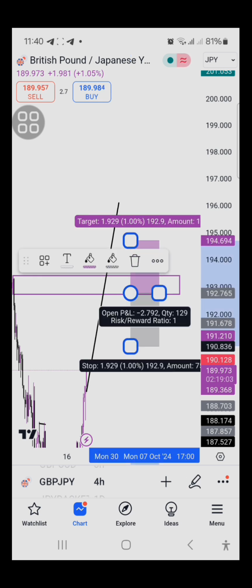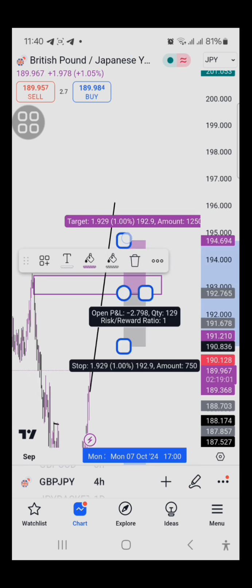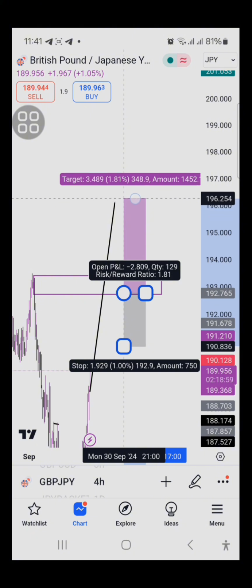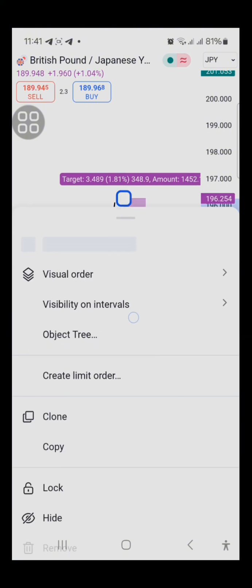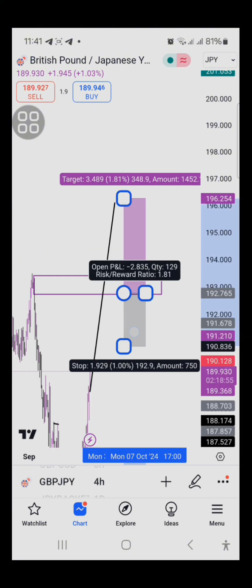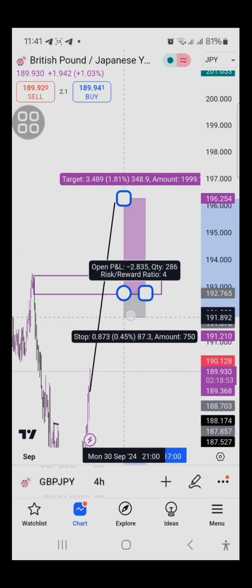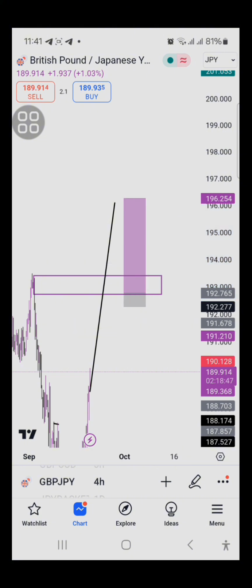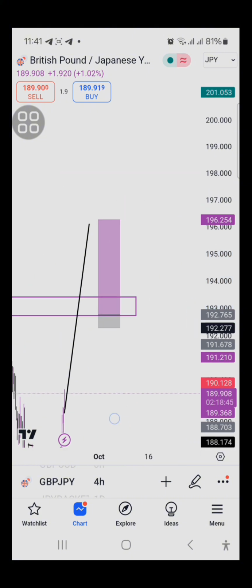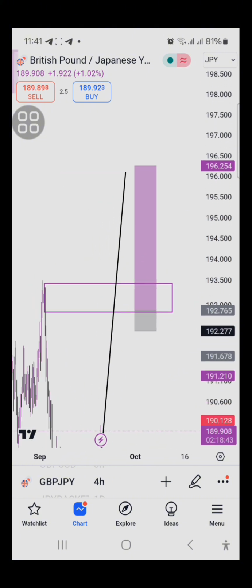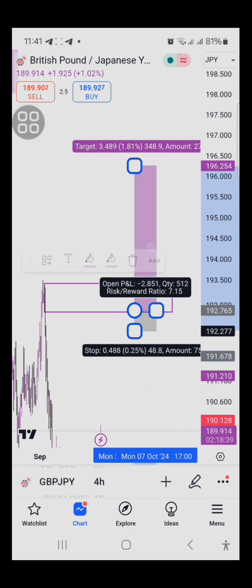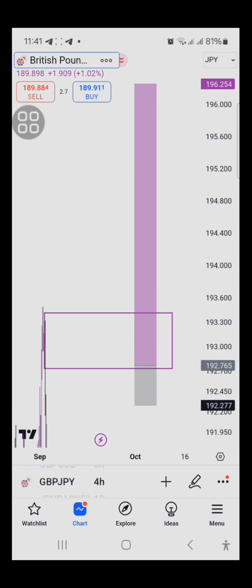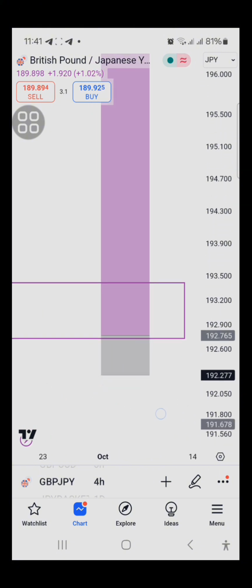Maybe from the historical data, I've seen what price has done before, and I'm anticipating higher prices that I want to take my TP from. Let me take off the trend line so that you don't get confused.